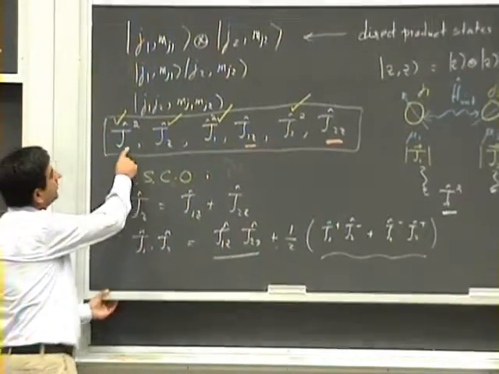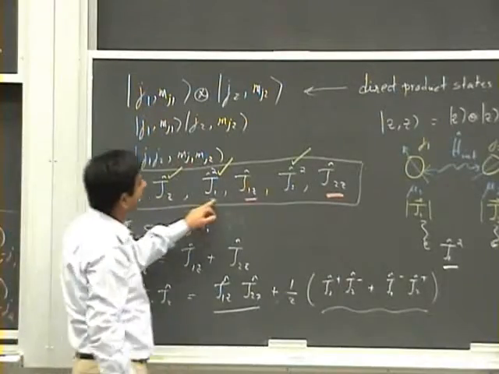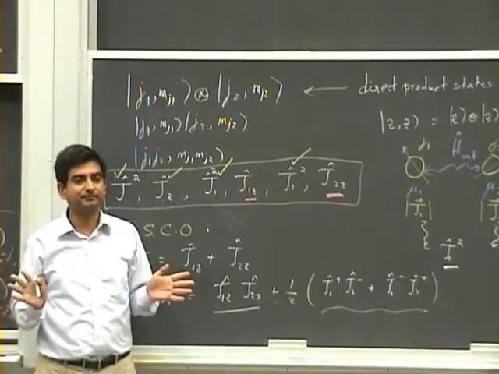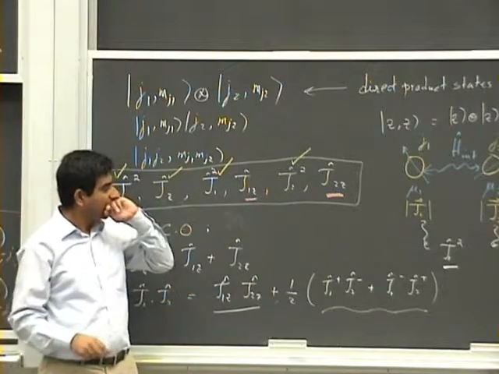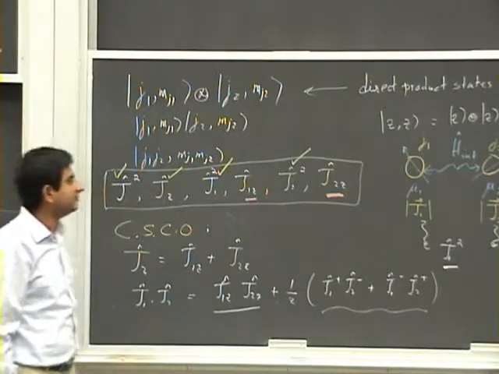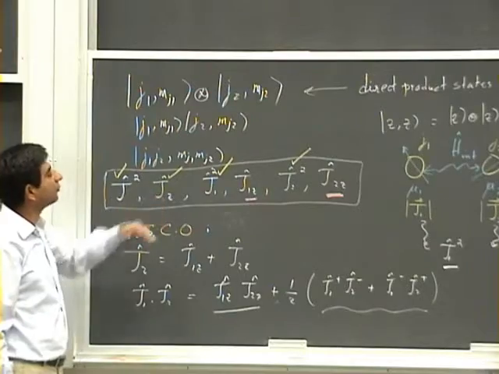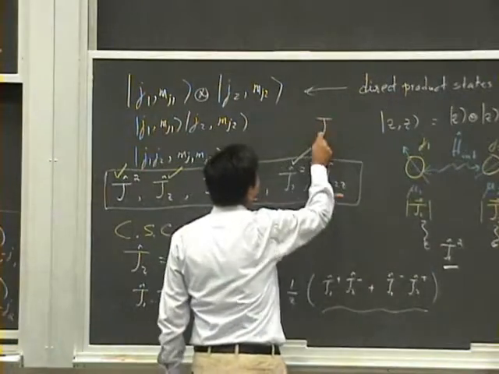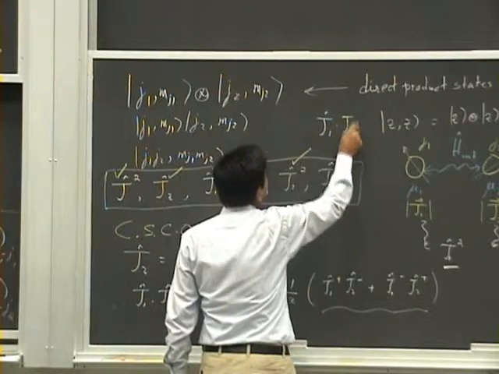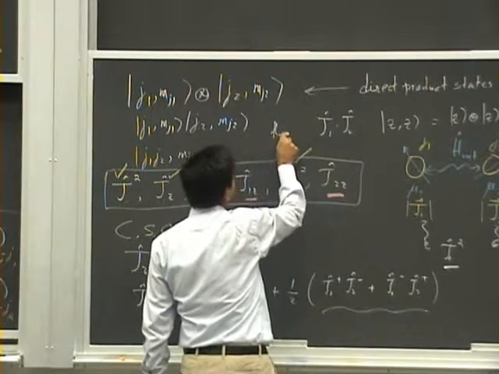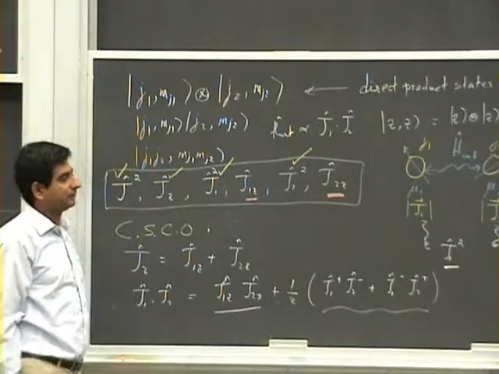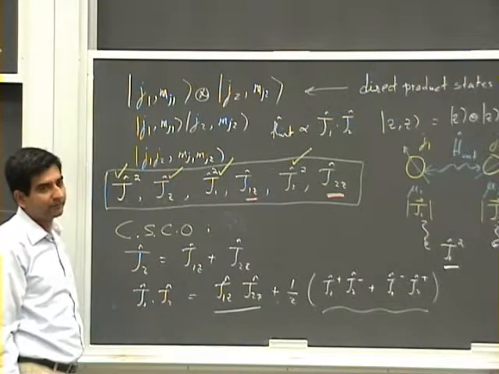So now we have four observables, J squared, Jz, J1 squared and J2 squared, that are mutually commuting. Which means that all four of them commute with an interaction Hamiltonian of this kind, proportional to J1 dot J2.